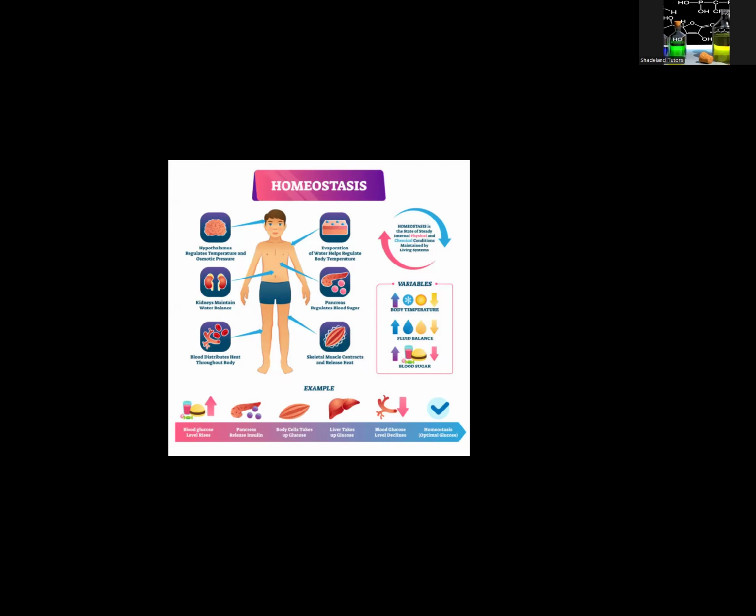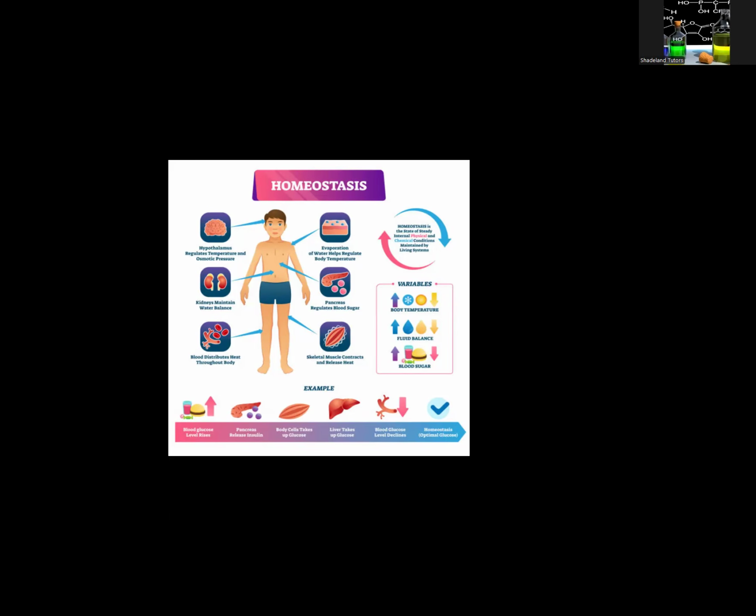Same thing with the water balance. The amount of water in the body should not be allowed to go too low or too high. It could have implications on our health. So that is where homeostasis comes in. So homeostasis looks at how we balance the internal environment, how we keep our internal environment constant at all times.